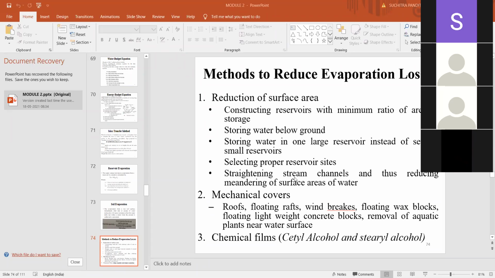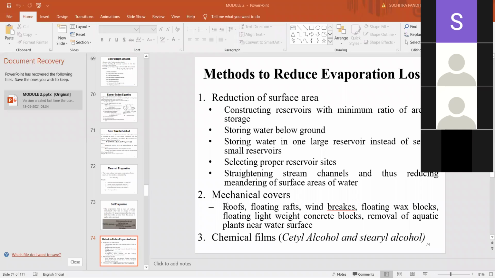And straightening the stream channel, and thus you can reduce the water surface area exposed to the atmosphere. So straightening the stream channel means, if the stream channel has bends and curves, you can straighten it so that the velocity of flow increases in the channel. So thereby you can reduce the evaporation losses to some extent.